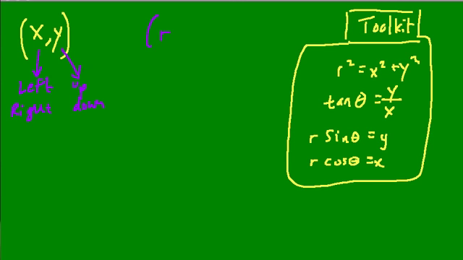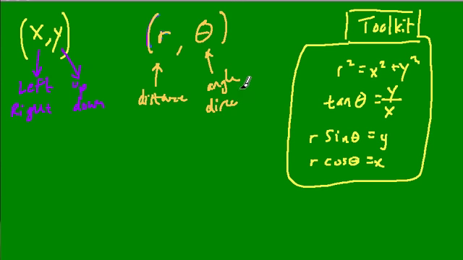We want to find the distance that we're going, r, right? That's what r is all about. R, and then an angle theta. Alright, so this is distance, and this is angle direction, right? That's the difference here between our systems that we're converting between.